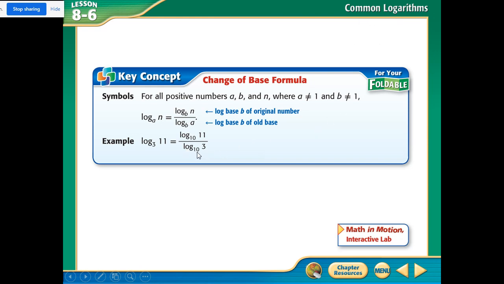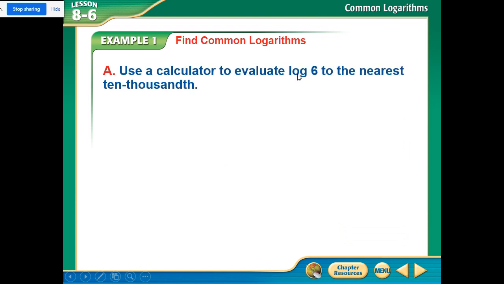It's used very often. It's used more often than any other one except for the natural log, which is tomorrow's assignment. So since it's used all the time, we don't tend to write the base, the 10 there, because it is used that often. So we go ahead and just drop it, and it's just log of 6.